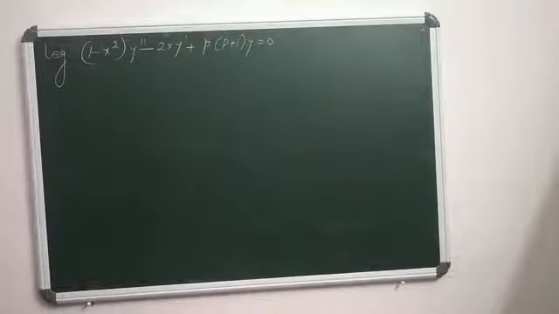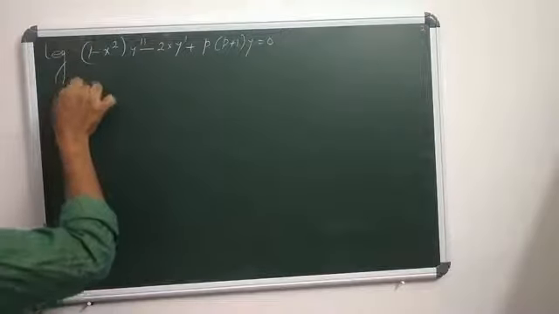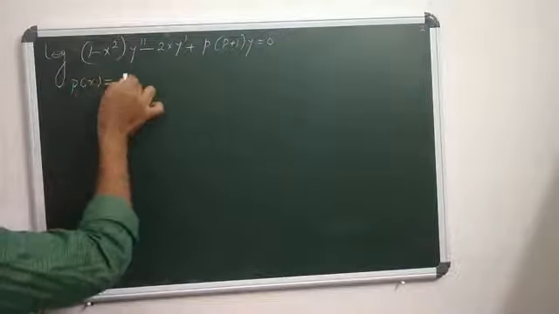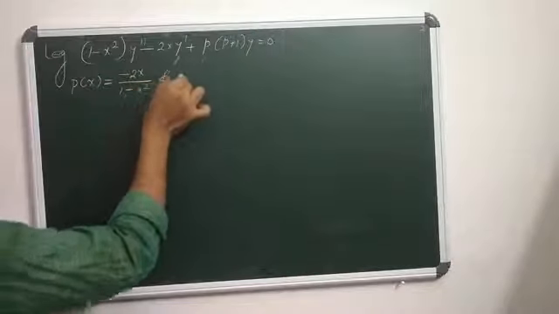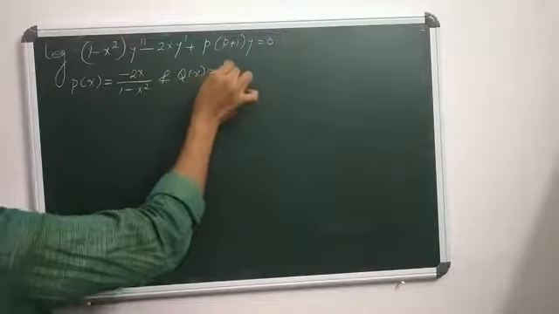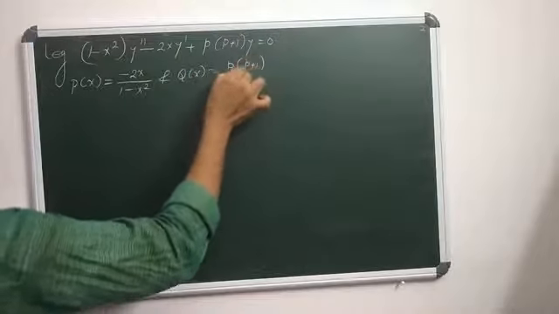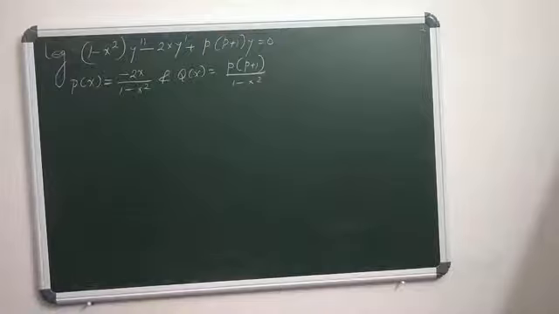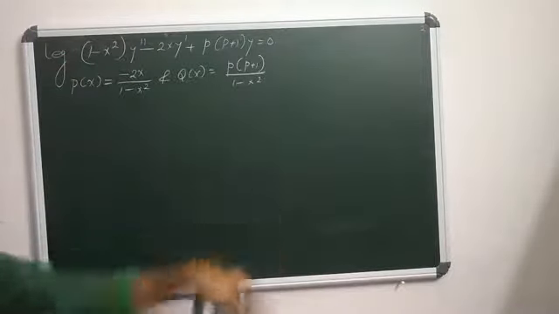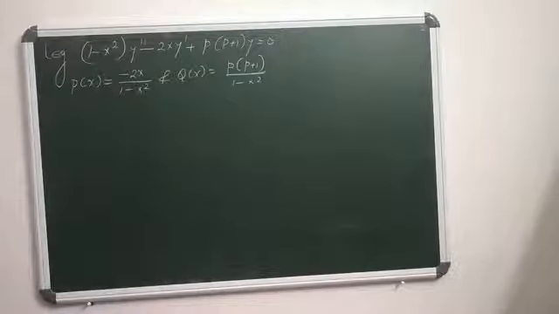So when you compare with the standard differential equation, p of x equals minus 2x by 1 minus x square and q of x equals p(p plus 1) divided by 1 minus x square. As stated in the previous class, both p of x and q of x are analytic at x equals 0.